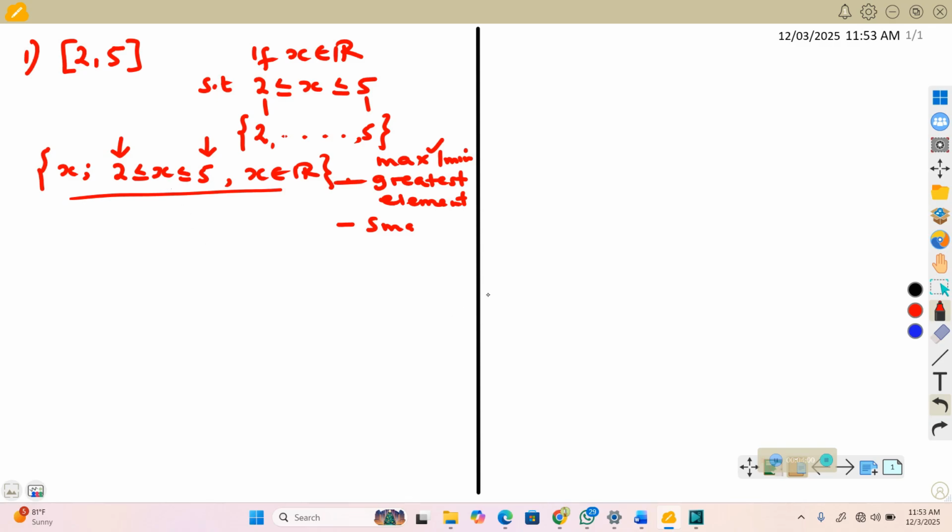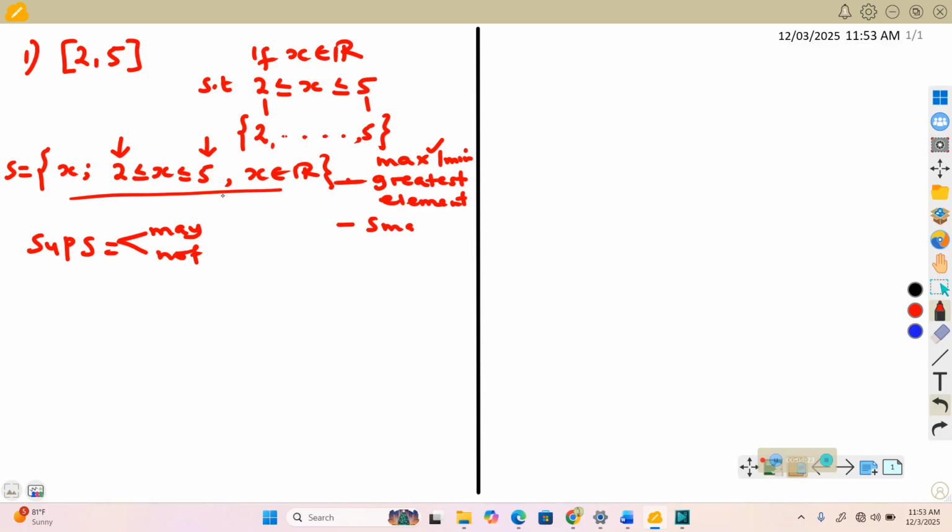However, for the supremum of this given set, if this is our set S, the supremum may or may not be part of the set. It can be part of the set, or it may not be.